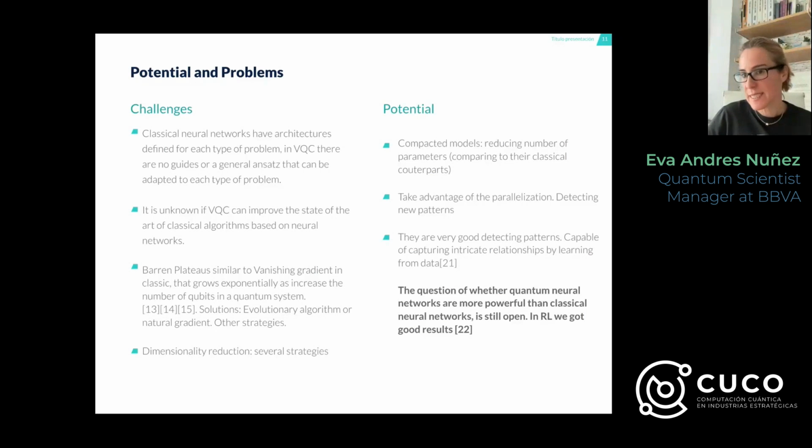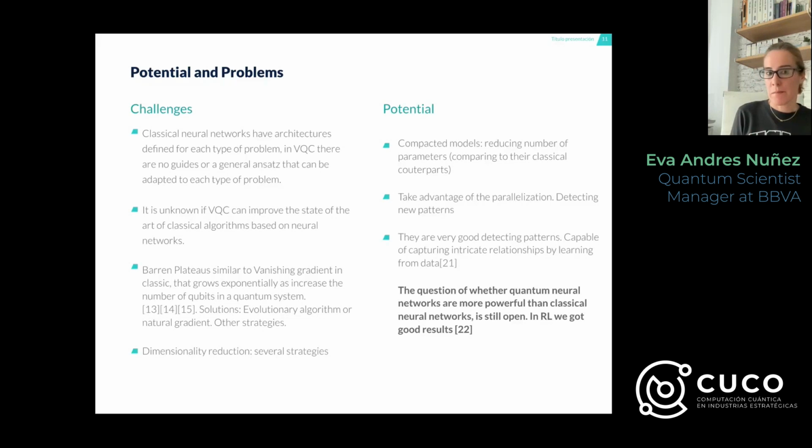This problem already exists in classical machine learning, but we have to focus on it because it's very important in order to avoid barren plateaus, reduce the computational cost, and also reduce the number of qubits, because we don't have as many qubits as we want. So this problem is very important to keep in mind when we are working with more complex datasets, with many features, or with real-world problems.